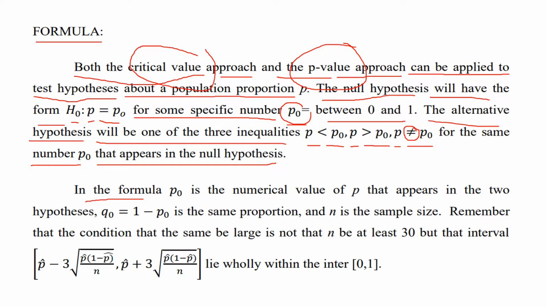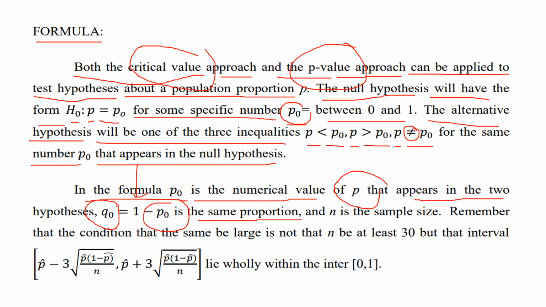In the formula, p sub 0 is the numerical value of p that appears in the two hypotheses. That's why, as I said a while ago, q sub 0 plus p sub 0 is equal to 1, so there is no room to conclude that p sub 0 is equal to 0 or 1. It should fall in between 0 and 1.